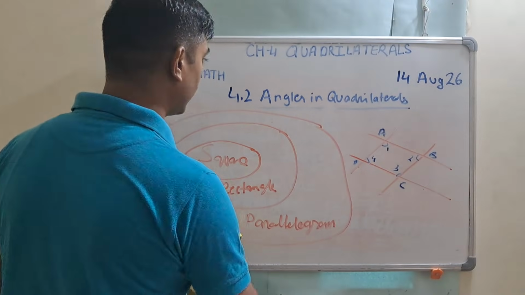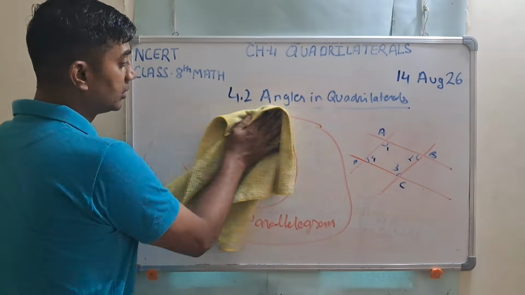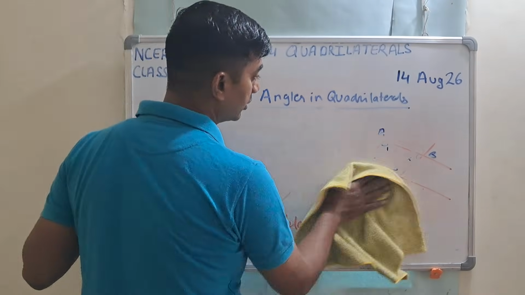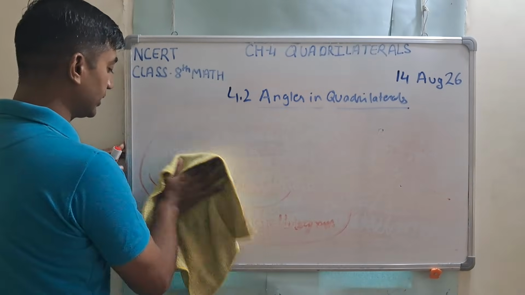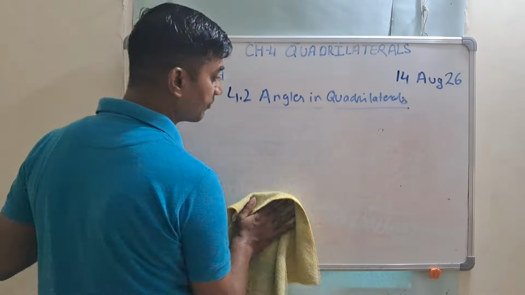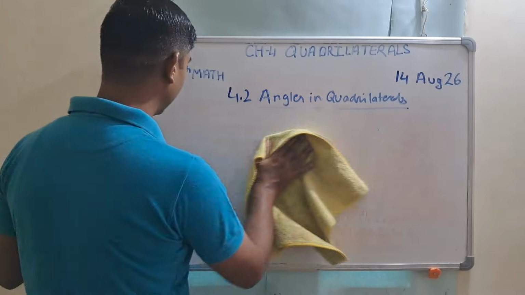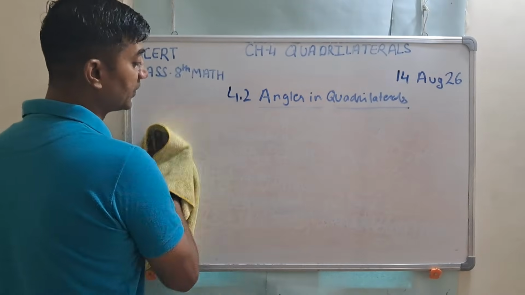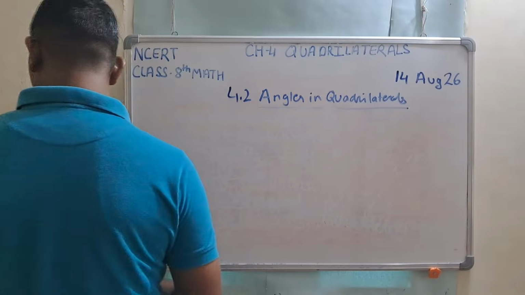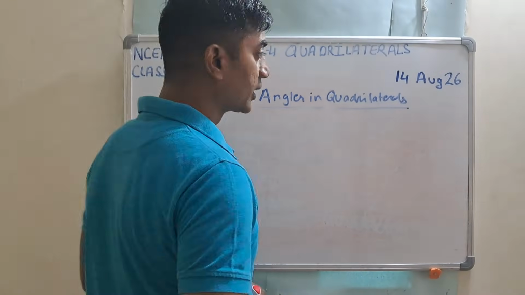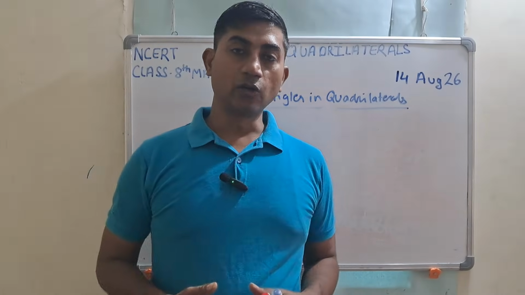Now what is the next topic we'll see? Now this is the information which you know, how the angles in a quadrilateral are. The sum of the internal angles of the quadrilateral is 360 degree, and when your opposite sides are parallel, that is the special case, and that is called a parallelogram.